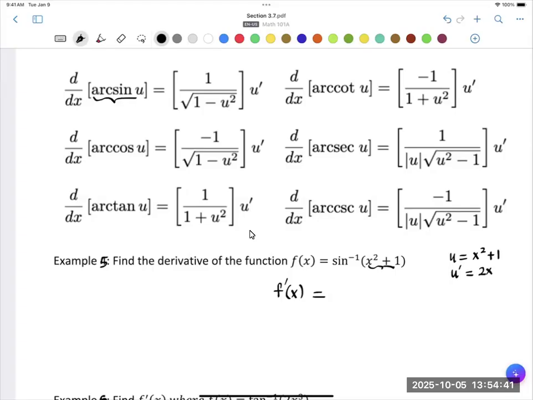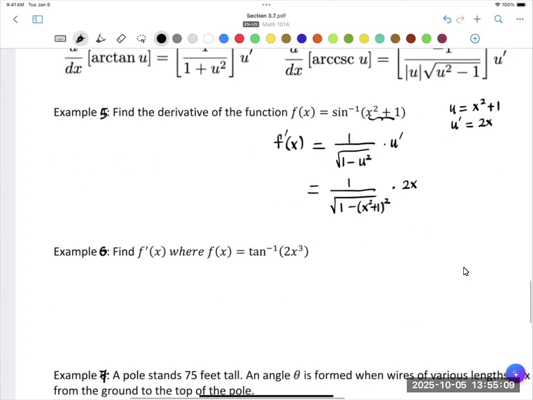So we have 1 over square root of 1 minus u squared times u prime, which is 1 over square root of 1 minus x squared plus 1 squared, because I replace u by x squared plus 1, and then times u prime, which is 2x. So that's going to be our answer for the derivative of sine inverse of x squared plus 1.